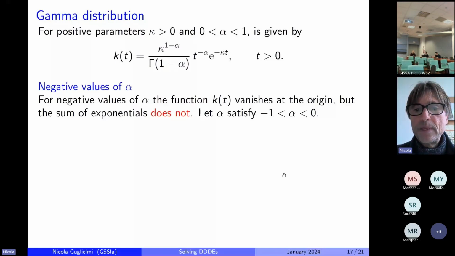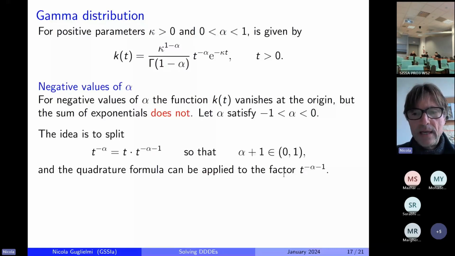But the idea in this case could simply be to write t to the minus alpha as the product of t and t to the minus alpha minus 1, and then reapply all the theory that we have developed to t to the minus alpha minus 1 that now would be negative. In this case, since we have this t, we would just have linear polynomials in t in the previous expression, and so the blocks in the linear algebra would be 2 by 2.